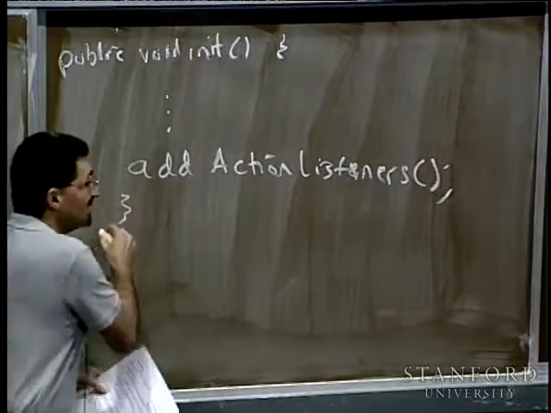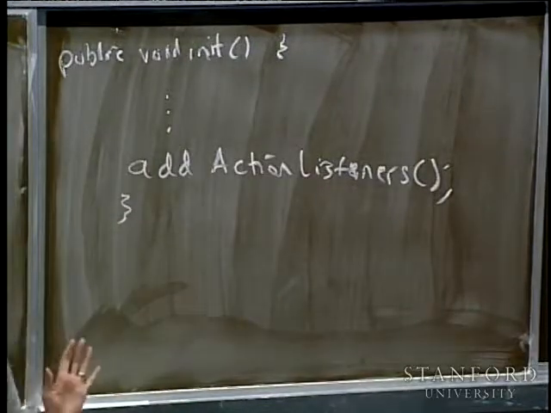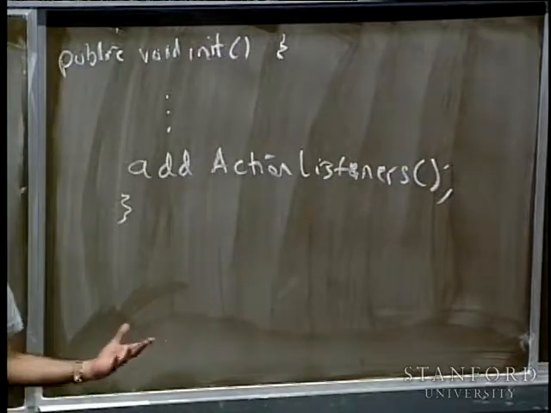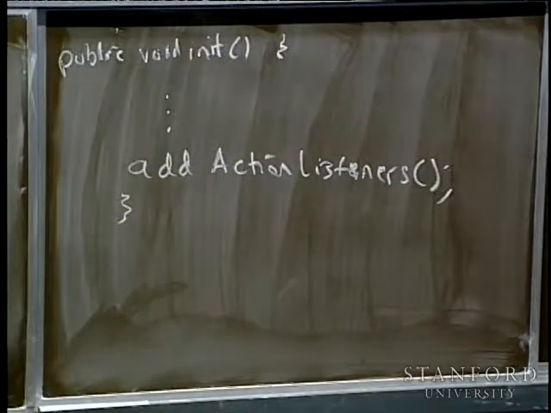I want you to be listening for buttons. So when someone clicks on a button, I want you to call a particular method for me called action performed. Then based on when you call action performed, I'll figure out what button was clicked and then actually do something. Okay? So over here we had our friend public void action performed.